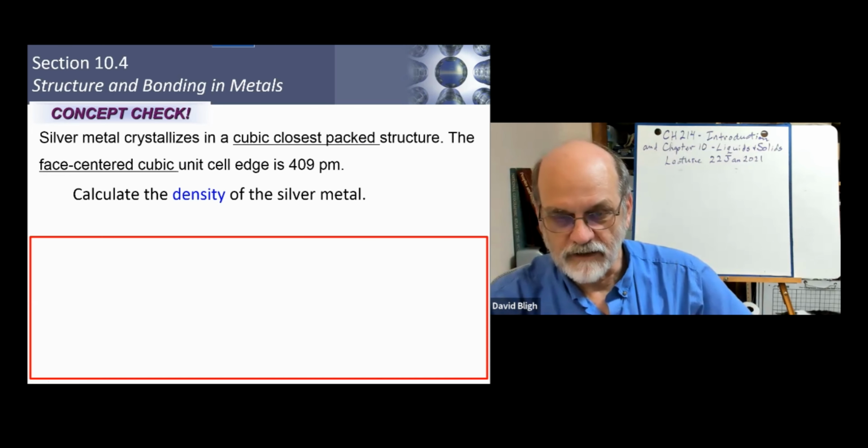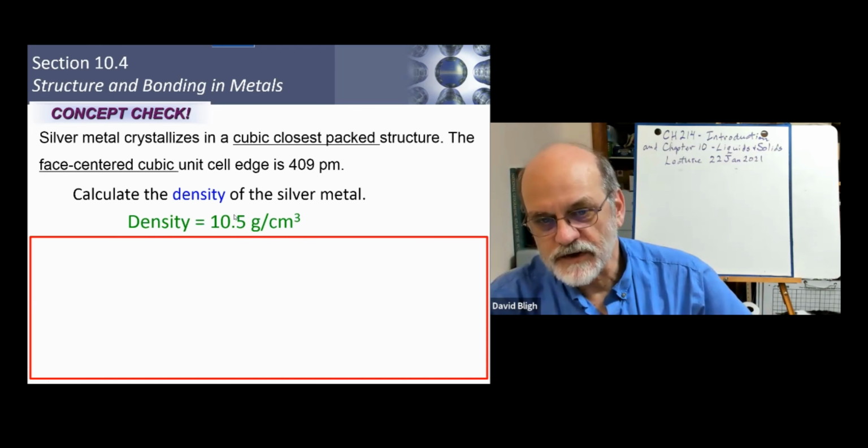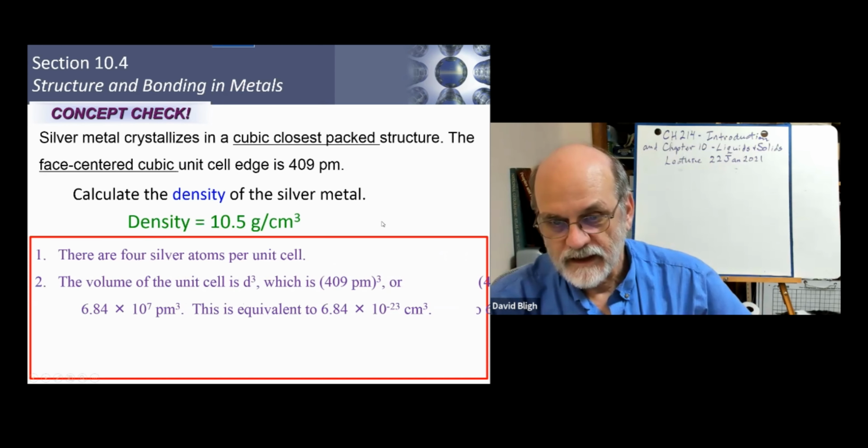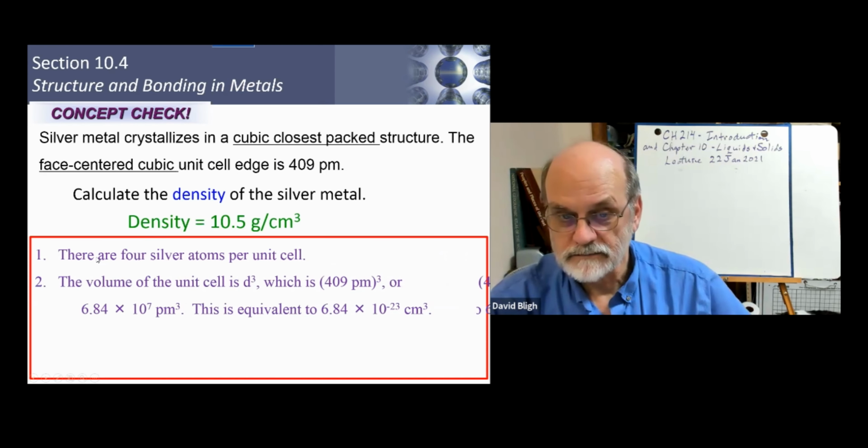And here's an example that I worked out. The density of silver is 10.5 grams per cubic centimeter. And these are the steps that you would go through to solve that problem.